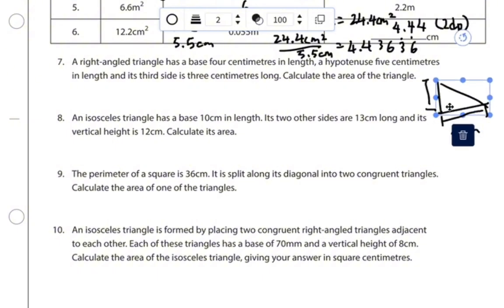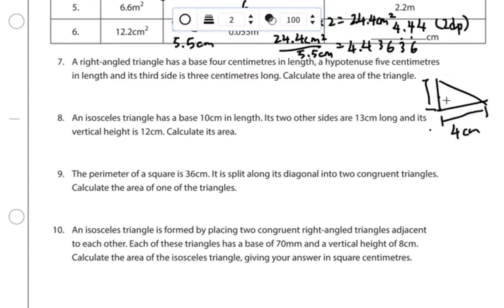Let's say this is the right angle. So this would be the third side, which is 3 cm, and this is the hypotenuse. The hypotenuse is the longest side of a right-angled triangle, which is opposite to the right angle. So the hypotenuse would be 5 cm.